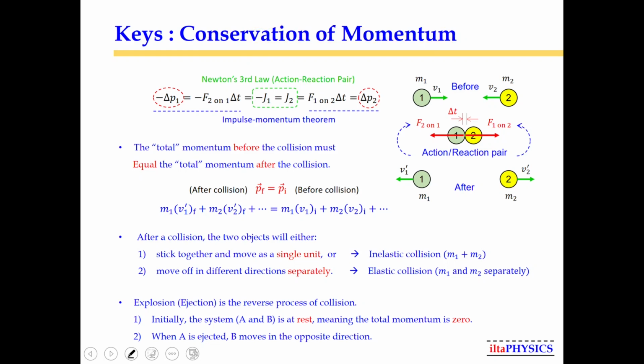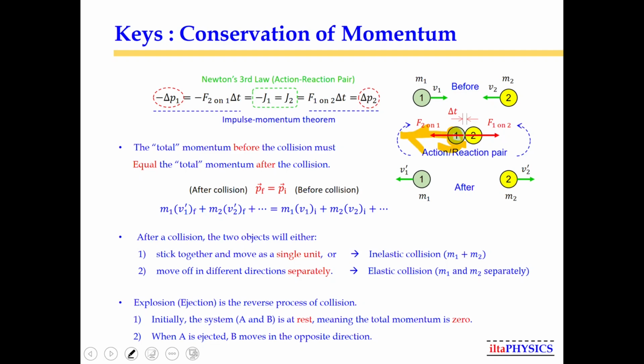First, let's think about ball number 2 on the right at the moment of collision. Based on the formula we learned earlier, impulse is calculated as the product of the force and the time interval of the collision. According to the impulse-momentum theorem, this impulse results in a change in momentum for ball number 2. Now, let's apply the same physical logic to ball number 1 on the left.